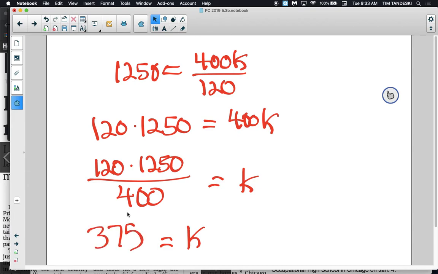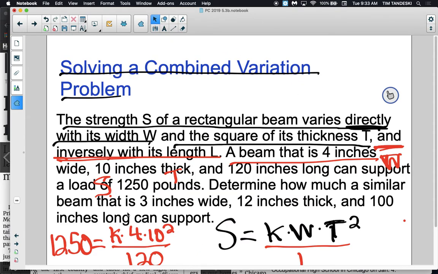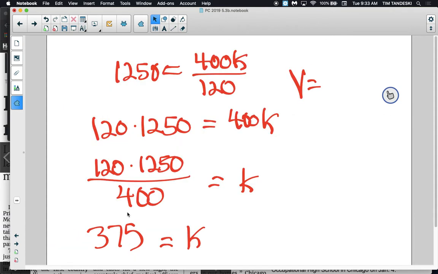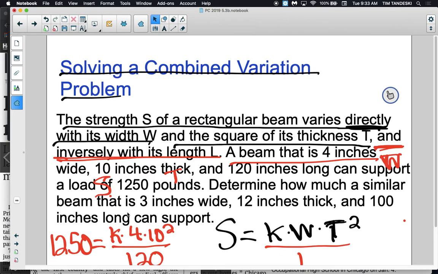So now my formula on the other page is S equals K, which is 375, times W times T squared divided by L. And now they want me to determine how much a similar beam that is 3 inches wide can support, so W is 3, T is 12, and the length is 100. So we'll see if I can remember all that.